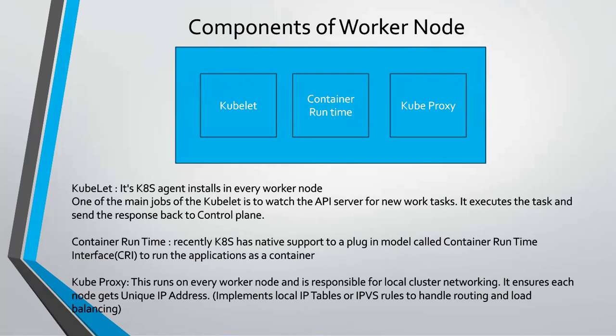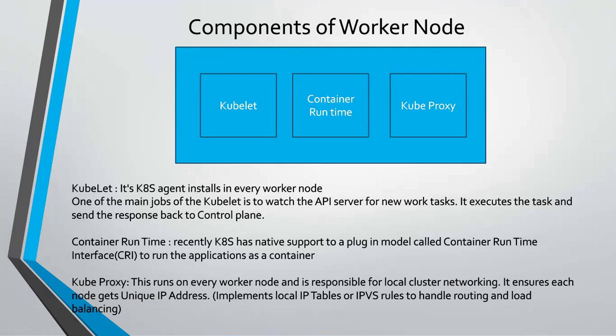Container runtime: earlier Docker containers were used in Kubernetes, but recently K8s has native support for a plugin model called container runtime. When you package your application image and hand it over to Kubernetes, it will run your application inside a worker node using the container runtime, that is CRI, the container runtime interface, to run the application as a container.